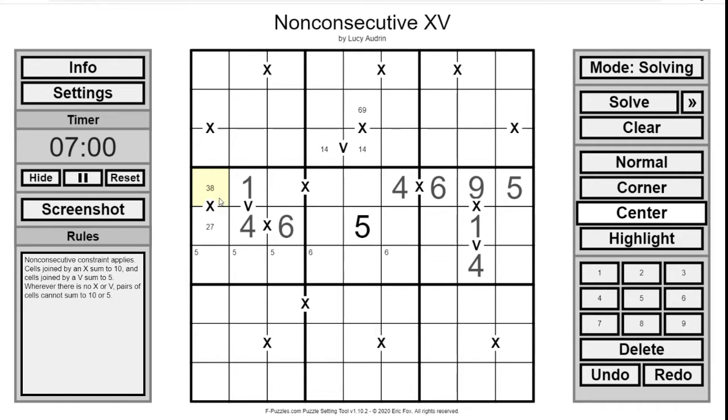What about this area? It's got an X in it. Could be 2, 8. Could be 3, 7.